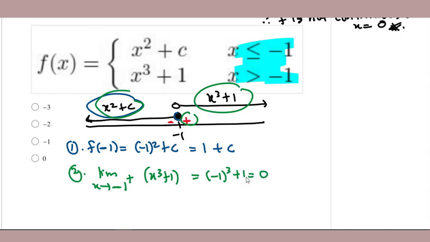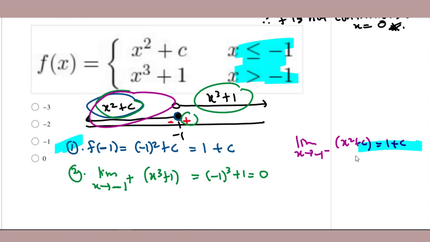Negative 1 plus 1, 0. If you want to take from left, take the same function, then substitute 1 plus c. This one equals this one, so actually this one is not working. That's why the first step is the function itself at the point, and the second is choose the opposite function. This one is already taken, and the second is choose the other one. And the next step, continue.